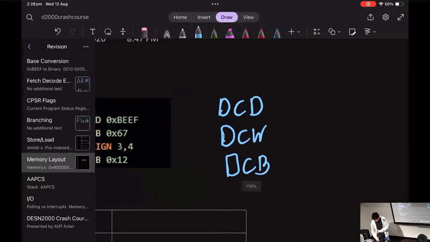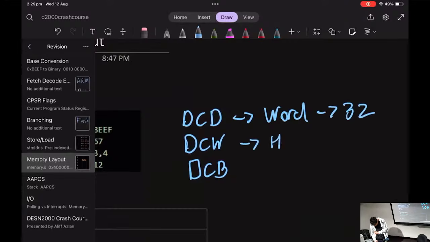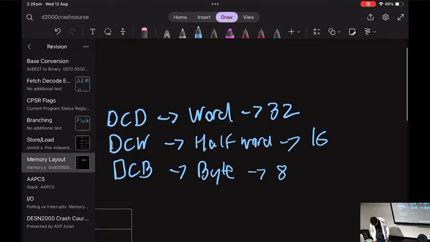DCD means the word, which is how many bits? 32. Nice. Then DCW, which is half word. How many bits is a half word? 16. And then we also have our byte, which is 8 bits, right?